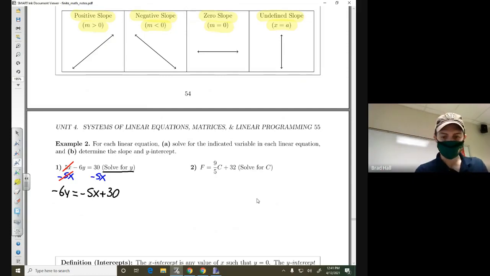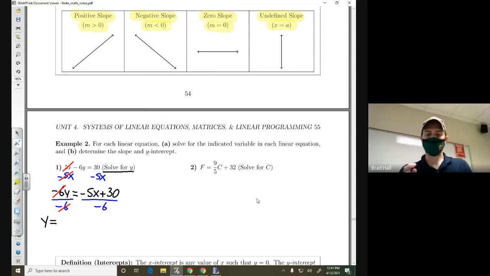Now we need to divide both sides by negative 6. And from here, what we get is that y is equal to, well, dividing by negative 6, there's 2 terms in the numerator. There's negative 5x, and there's the 30. So in essence, both of these terms are being divided by negative 6.